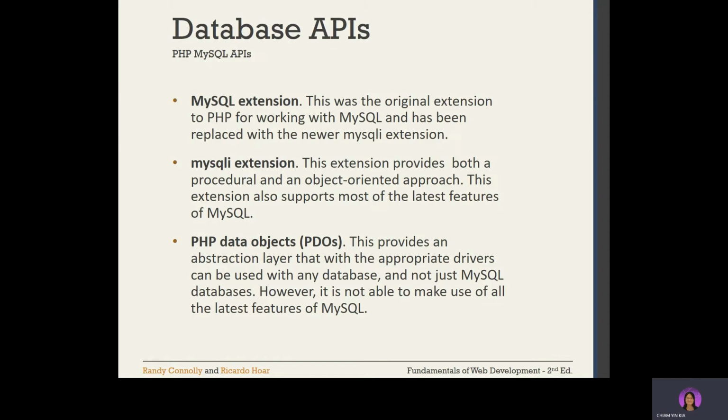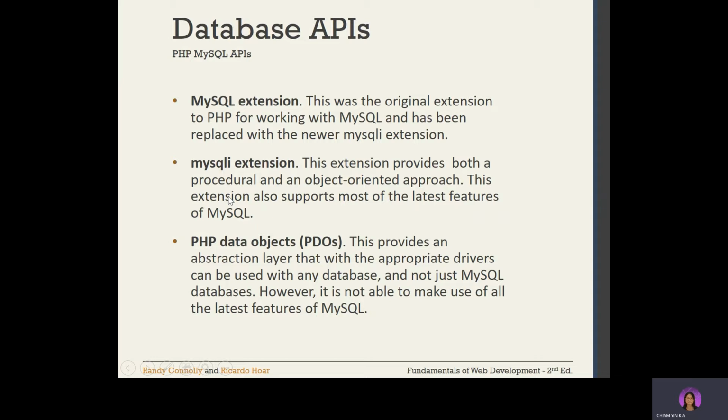When we use PHP, if we are using MySQL as a database, we will connect to the database through APIs. For MySQL, there are 3 different types of APIs. The first one, MySQL extension. This is actually the original extension used by PHP, but now this has been replaced by the MySQLi extension.